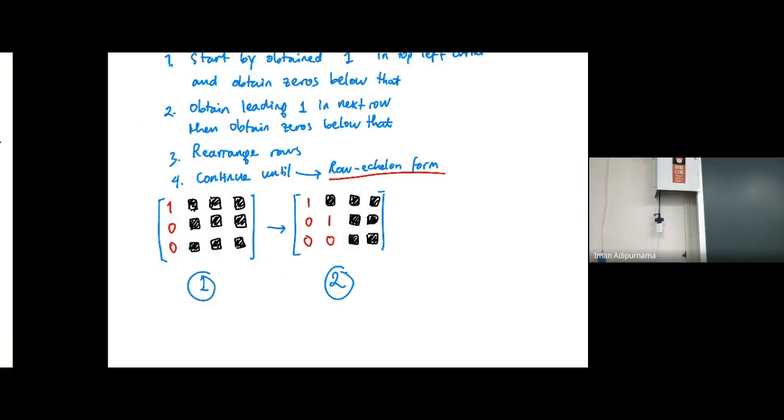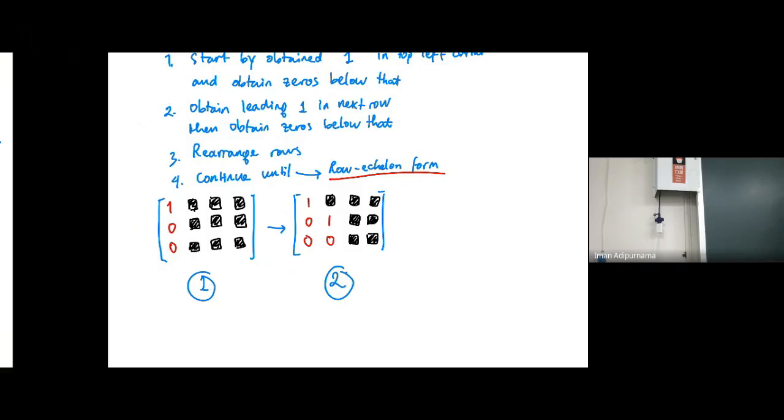Up until here, if all this black rectangle is specific numbers, then we are finished. We just divide this to become 1, and that's the solution. So z is this number, and y plus some multiple of z equals something; substitute z here and you can compute what number y equals. And x is also some number.